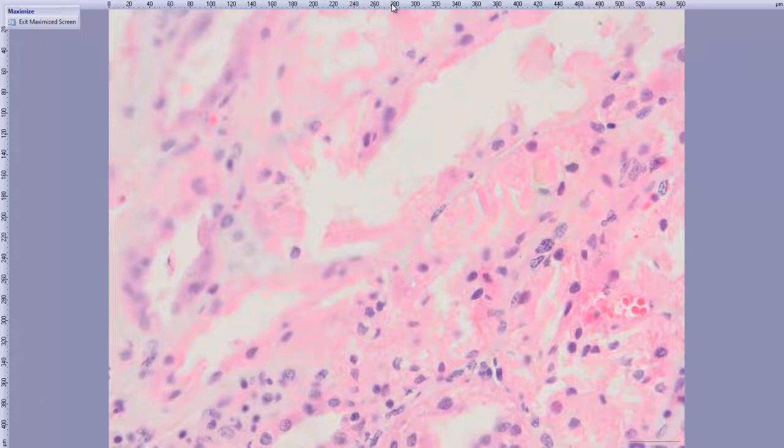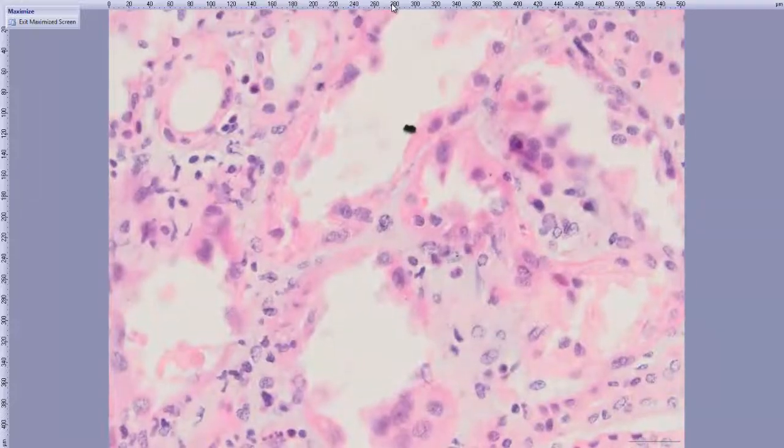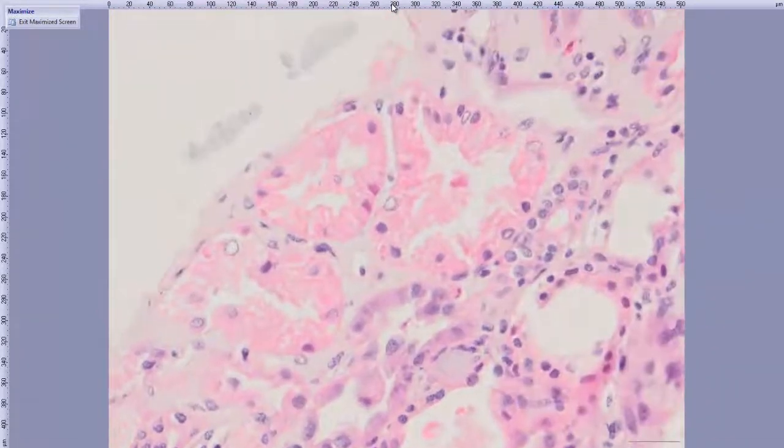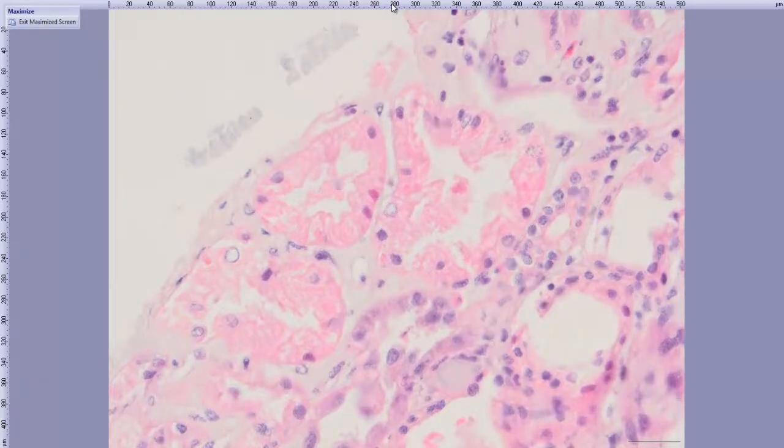And some of these epithelial cells are actually stuffed with these crystals. Over here you can make them out again. They're filled with these crystals.